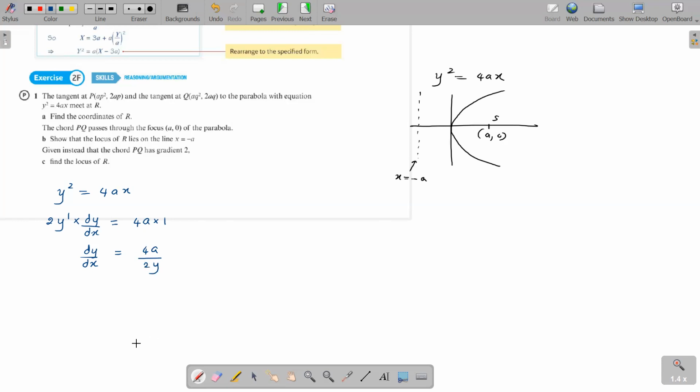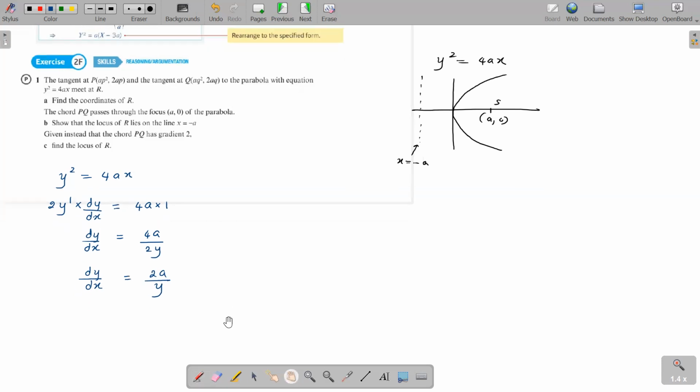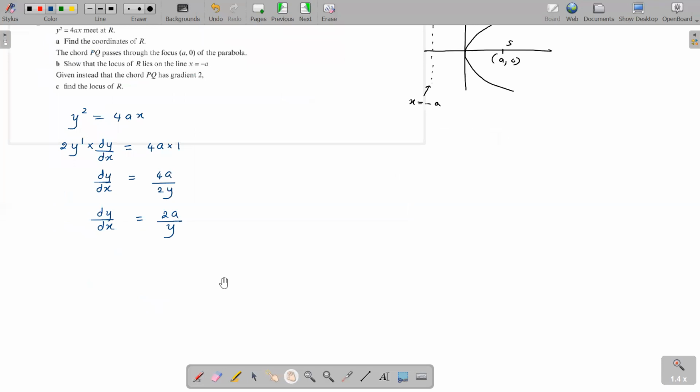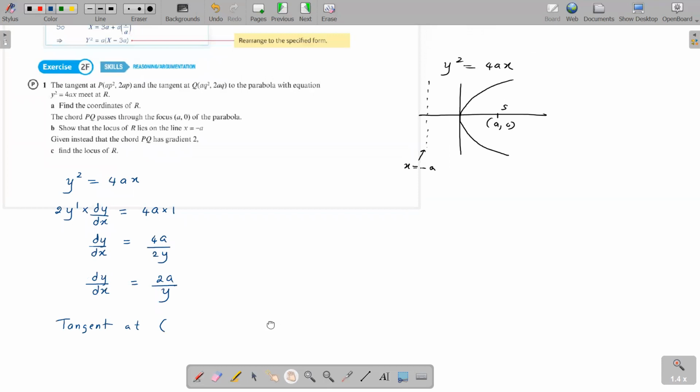It's 4a over 2y. Then I can simplify this a little bit: dy/dx = 2a over y. Is that okay? Then we are going to find the equation of the tangent. So we'll find the tangent at what point? Tangent at, what was the coordinate?